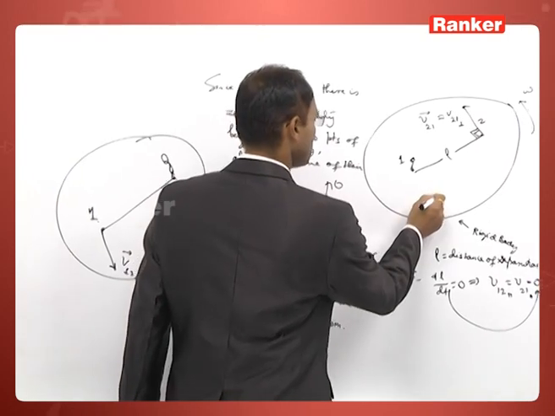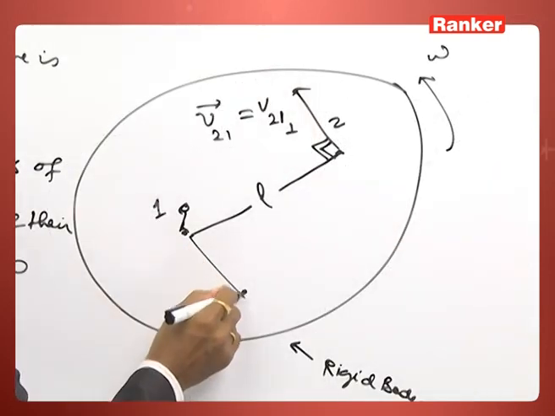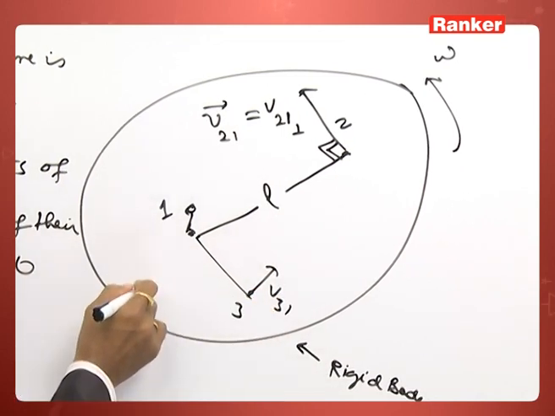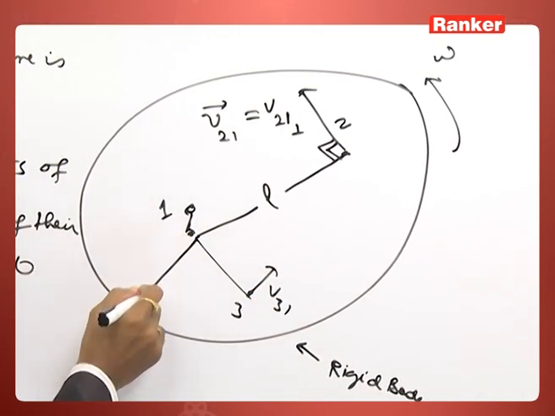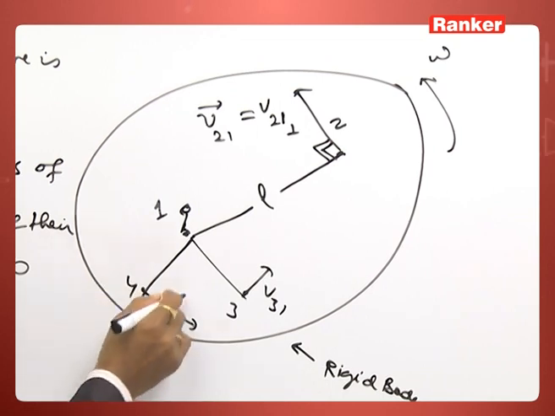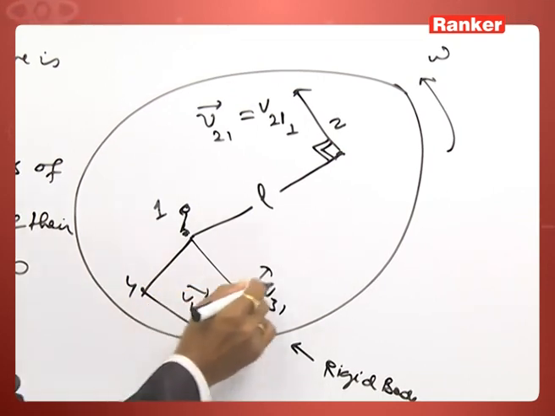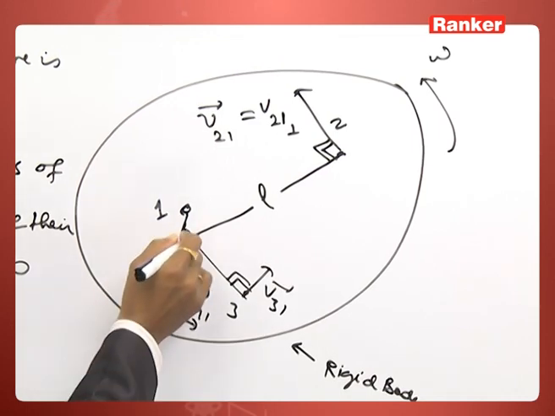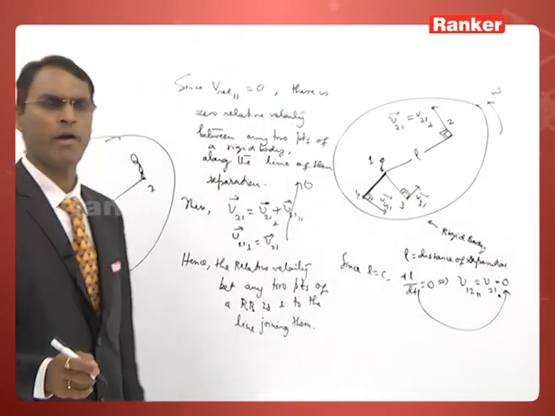That's the idea. If you take this point here with respect to point 1, it may move. Suppose this is V31. If you take a point here, this may move in this way, V41. These velocities are perpendicular to the line joining the respective points.